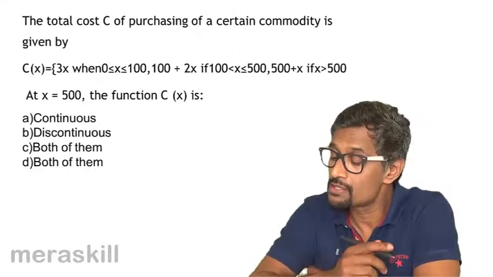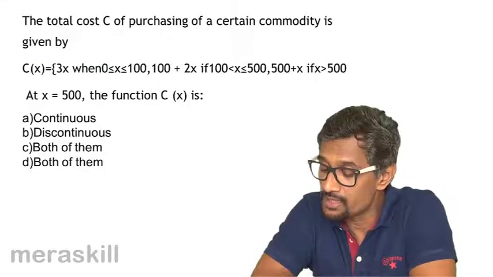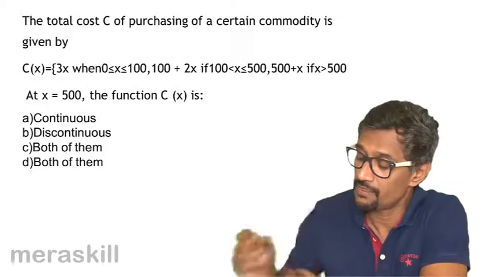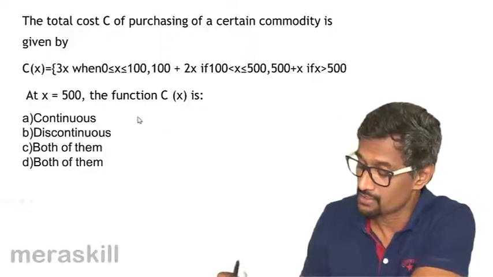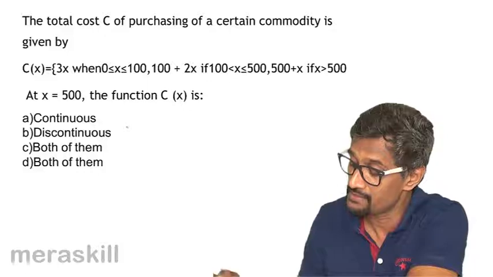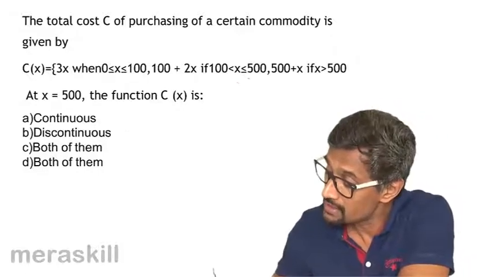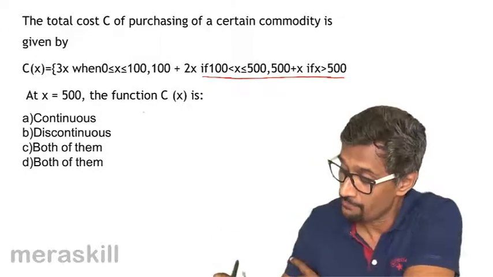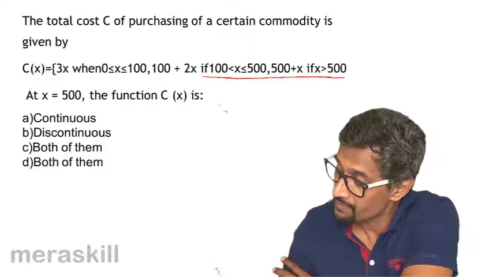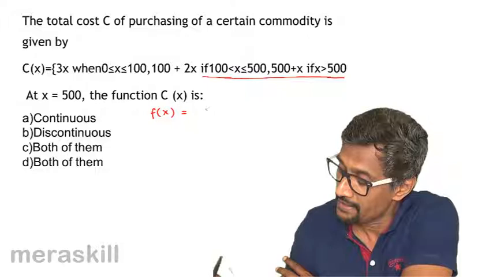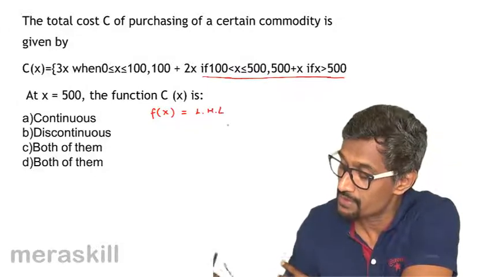So the total cost C of purchasing of a certain commodity is given as so and so. So you have to check whether at x is equal to 500 the function C is continuous, discontinuous, or both of them. So at x is equal to 500, we are going to look at these two clauses because we are looking at continuity. So when you're considering f of x and left hand limit, it's going to be the same.